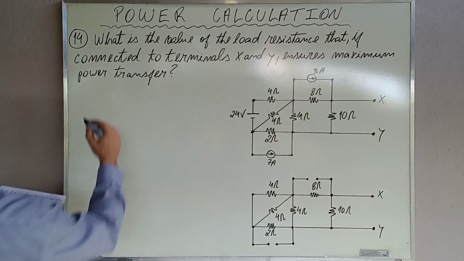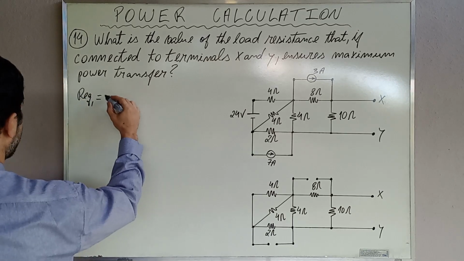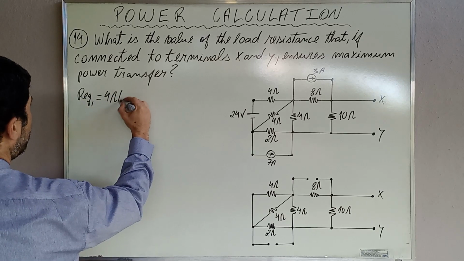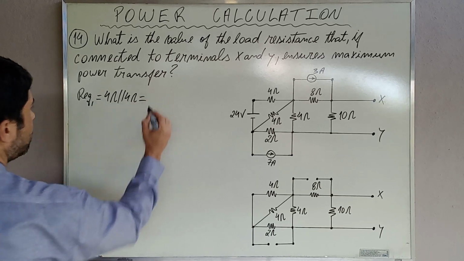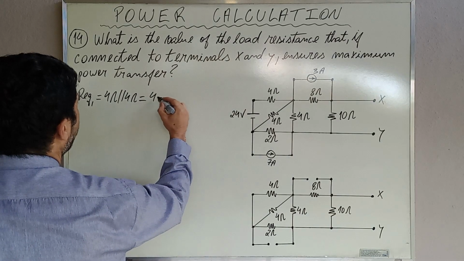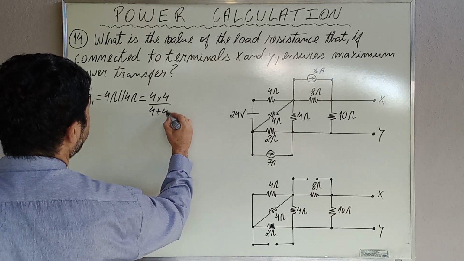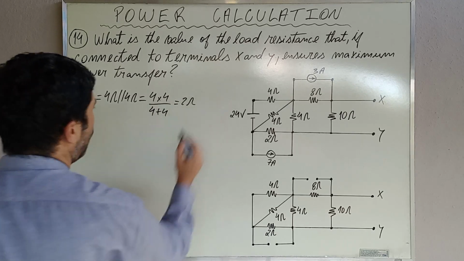Thus, equivalent resistance number 1 is 4 in parallel with 4, and the rule of thumb that we use in computing the parallel combination between 2 resistances is the product over the sum. 4 lots of 4 divided by 4 plus 4, which is equal to 2 ohms.